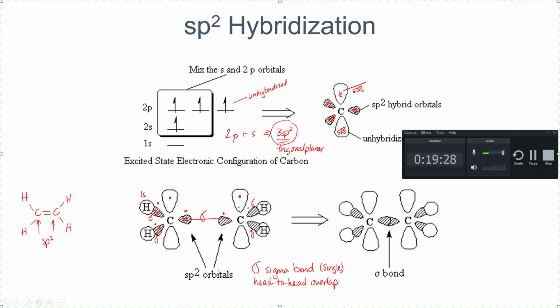And at this point, I'm going to take a step back and just say that a spherical orbital like the 1s can only form sigma bonds, because you can't overlap a spherical orbital any other way but head-to-head. Okay? So I'm going to form those sigma bonds. Now, at this point, the Lewis dot structure for this molecule would look like this.